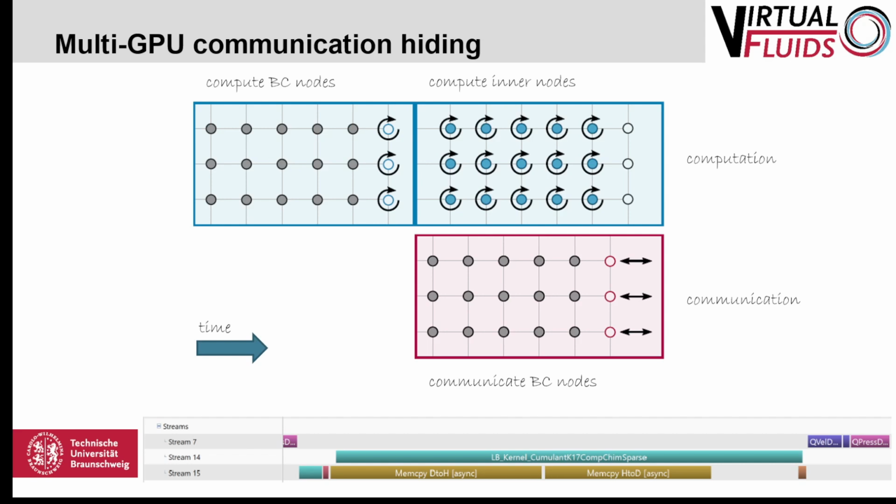There's some work to do to optimize it. But this hiding works pretty well if you don't have too many GPUs. So you can use it in a good way. If you want to use, I don't know, 1,000 GPUs and 10 levels of grid refinement, maybe you see some disadvantage. So this is not scalable to the absolute maximum.